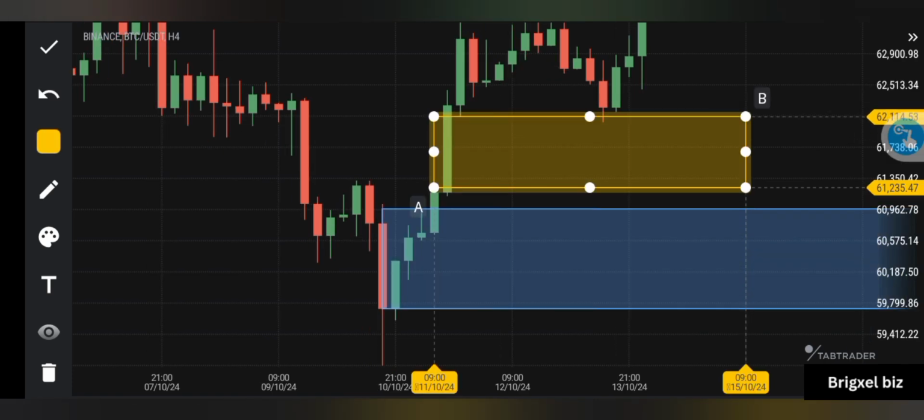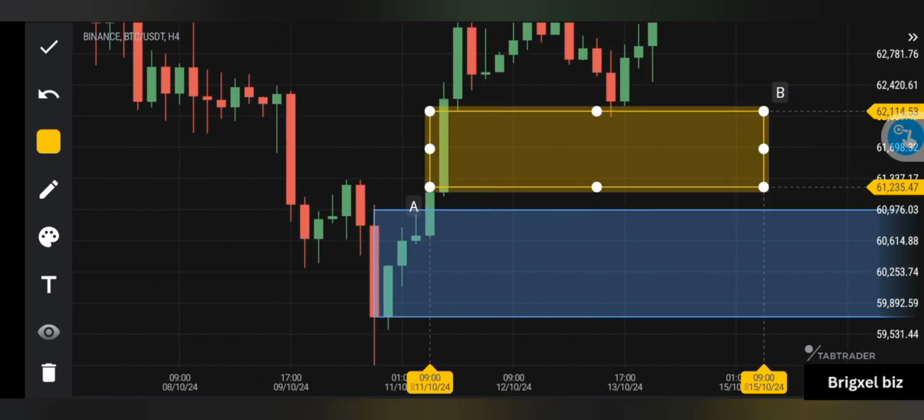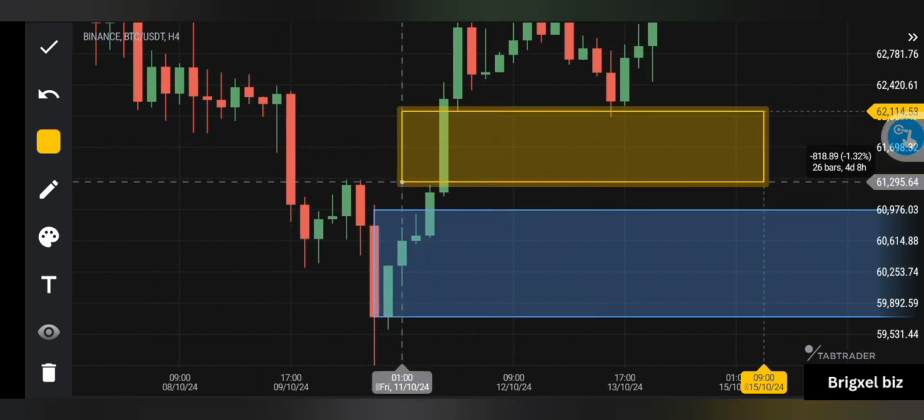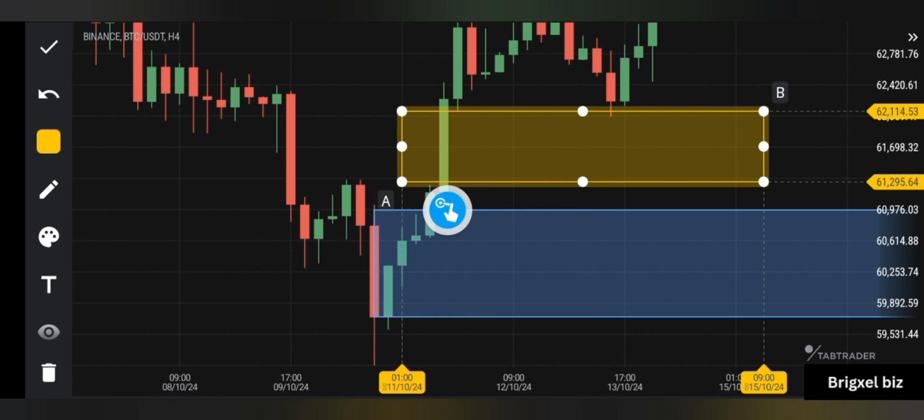You can see there is a gap between that right there. So you can see there is a gap between the high of this candle and the low of this green candle right here. All right, that gap is what we call a fair value gap. So you have your order block down here, and then you have a fair value gap above it.